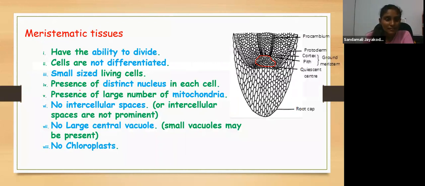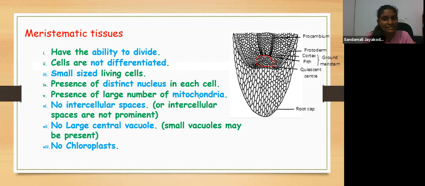Another feature is the presence of a distinct nucleus in each cell. When we look at a cross section of a root tip or a shoot tip in an enlarged diagram, we can see a distinct nucleus very clearly. Another special feature is that they have a large number of mitochondria, because they want to divide very fast.